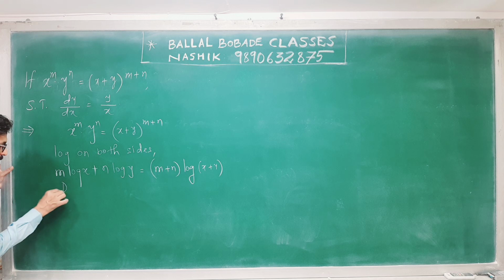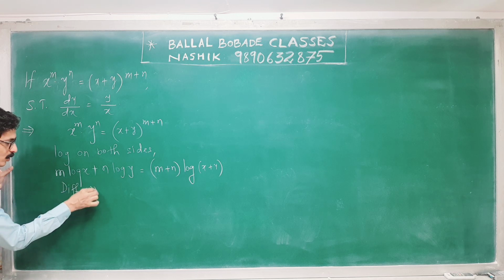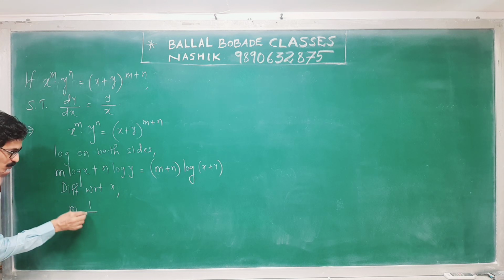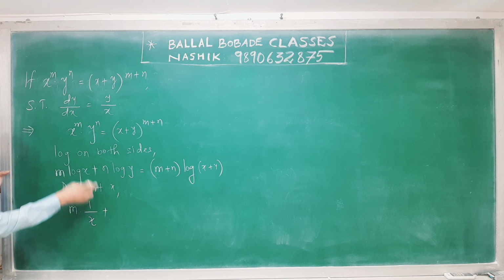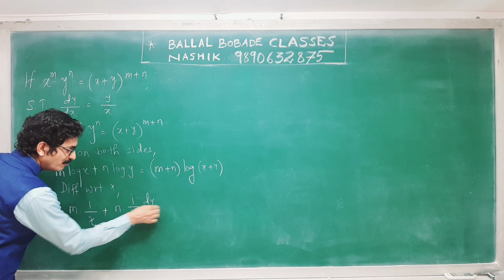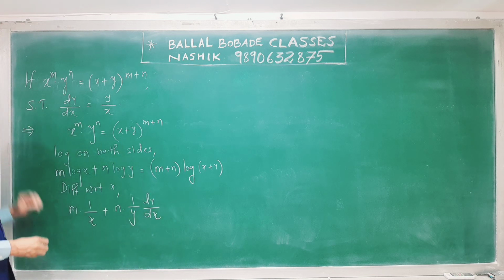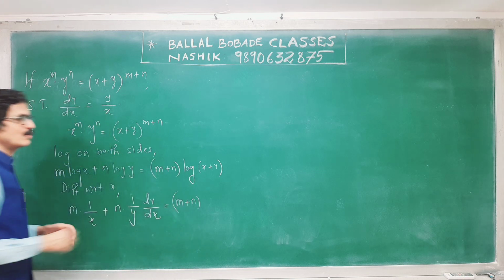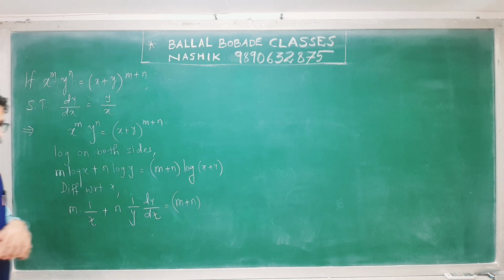Now differentiating with respect to x. What to do? See, m as it is, log x derivative 1 upon x, there is a plus sign, n as it is, what's derivative of log y? It is 1 by y dy by dx. Alright, yes. Then m plus n as it is, have a look. What's the derivative of log of x plus y?